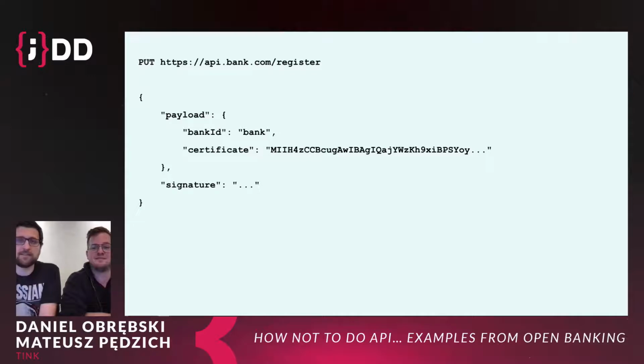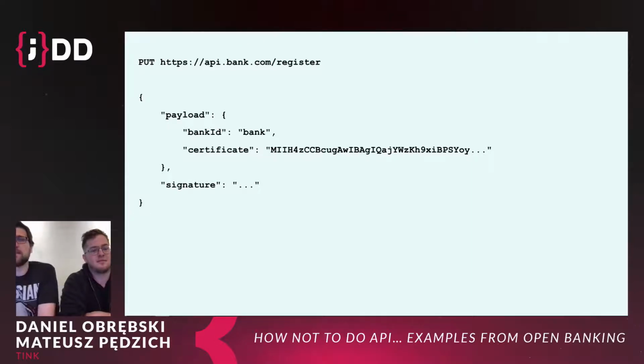And here there is another example looking rather simple. The first thing you can notice is that we need to use the PUT HTTP method to send a request, which is rather weird practice, as we know. The second thing is the signature field in the body of the request. Why not use the headers?